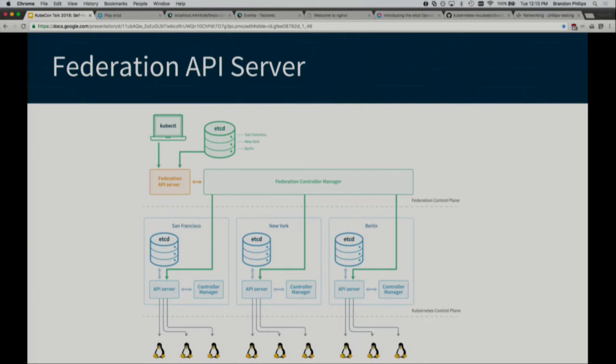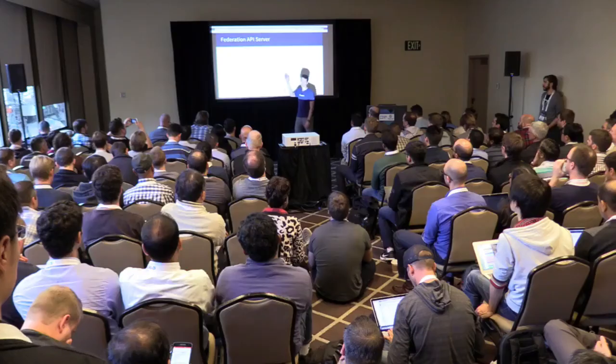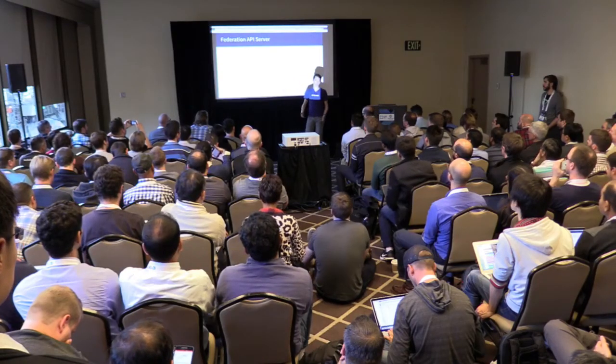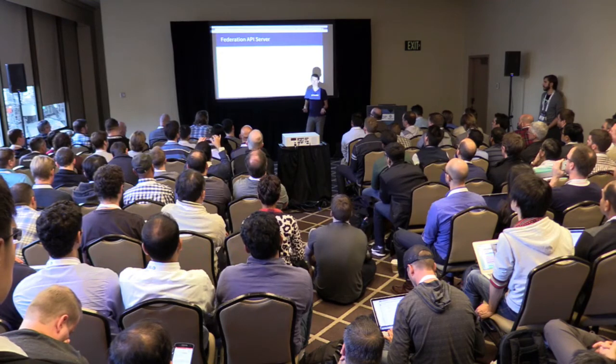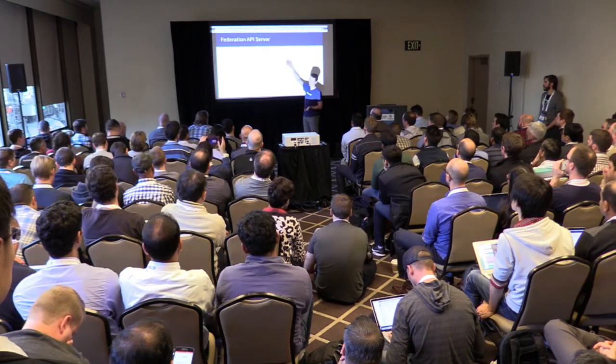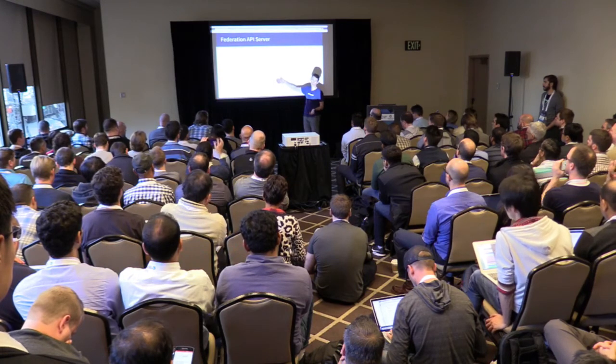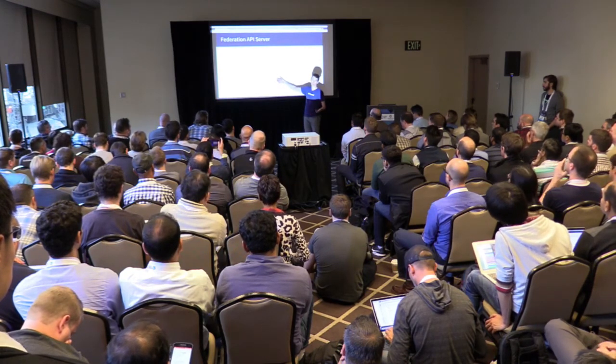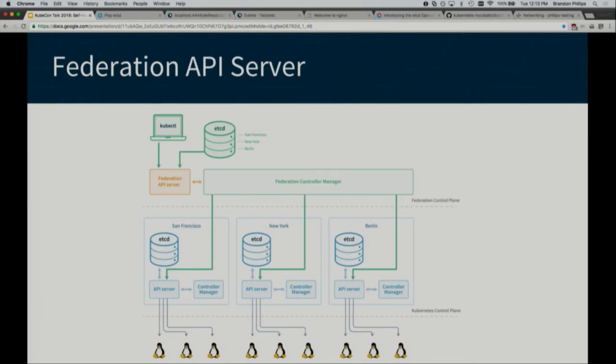It's persisting all of its data in a replicated etcd that's hopefully running across all of your various clusters that are being federated. There's a federation controller manager that's ensuring the workloads end up inside of the clusters that you'd like them to end up in. And then every single cluster underneath is just a normal Kubernetes cluster that is blissfully unaware that this federation thing is happening to it, because the federation controller manager is just another client scheduling replica sets or pods or services to the cluster.